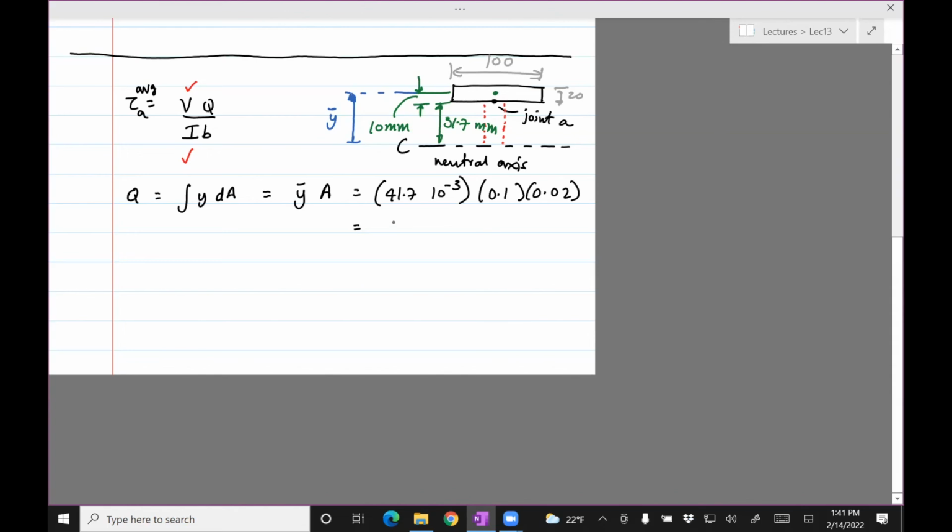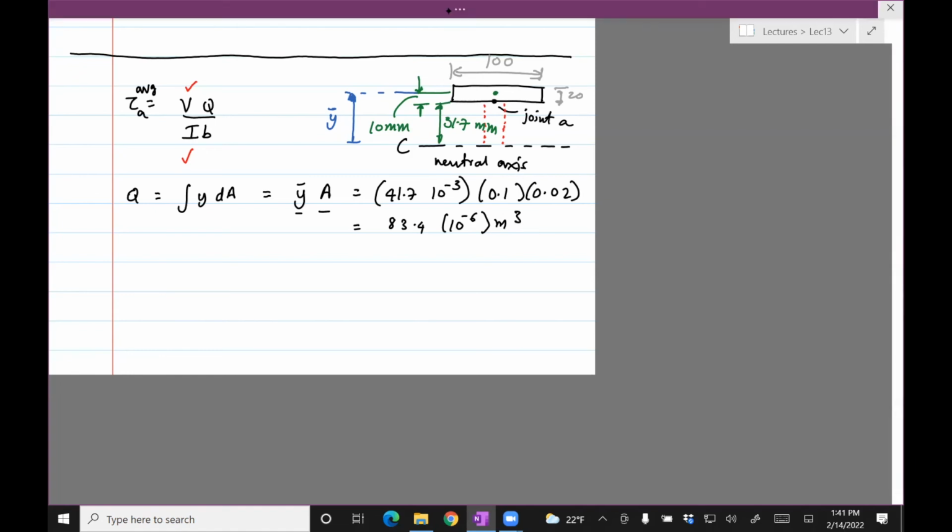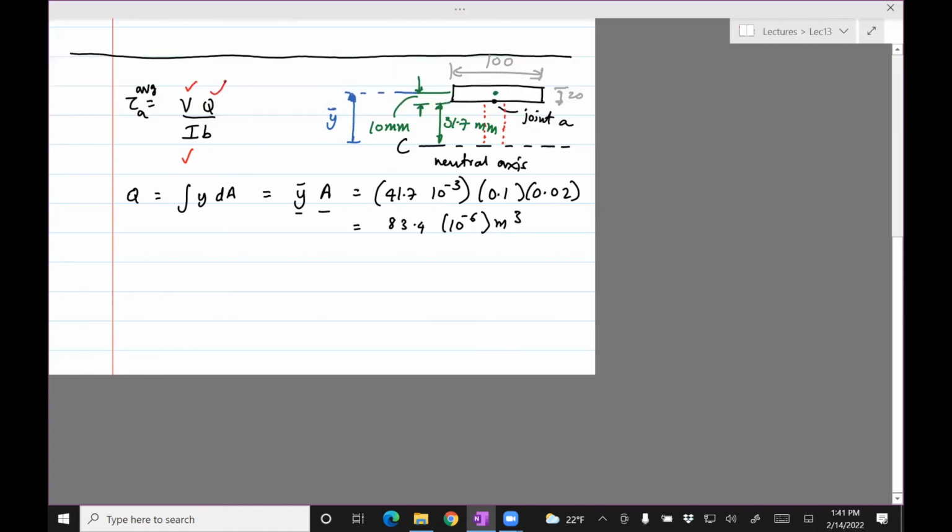So this comes out to be 83.4 times 10 raised to -6 meters cubed, because there's meter and meter squared. Okay, so we got Q.